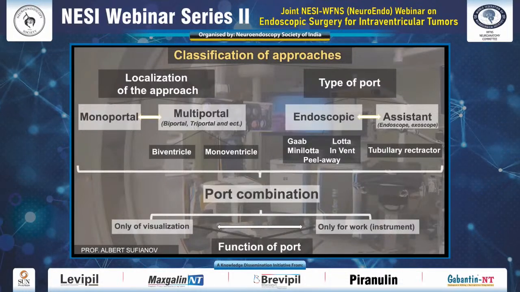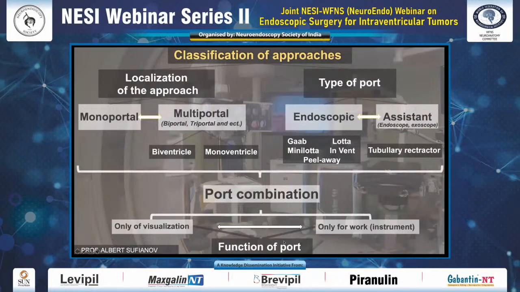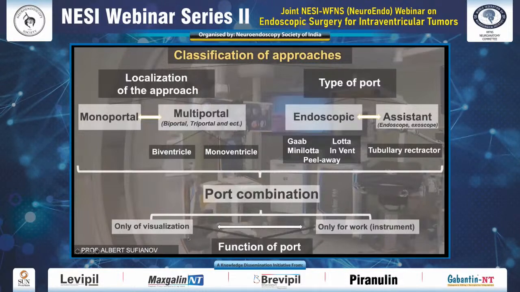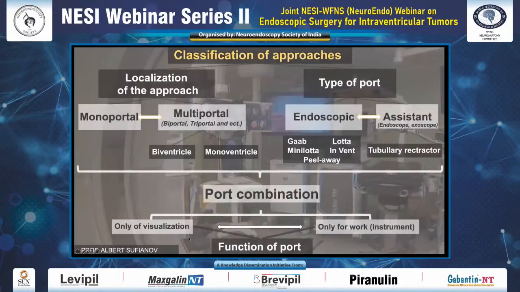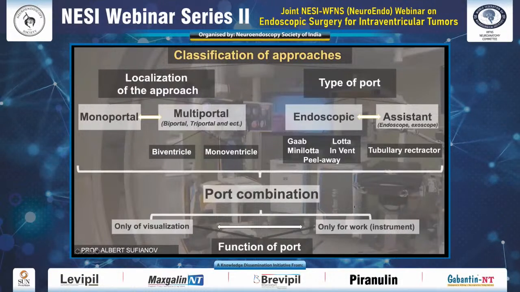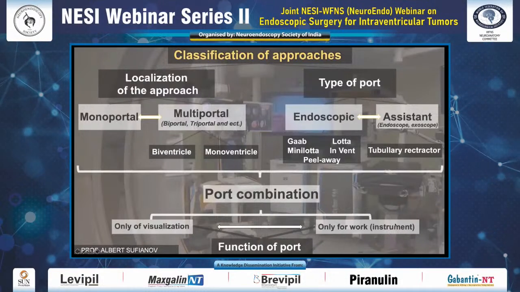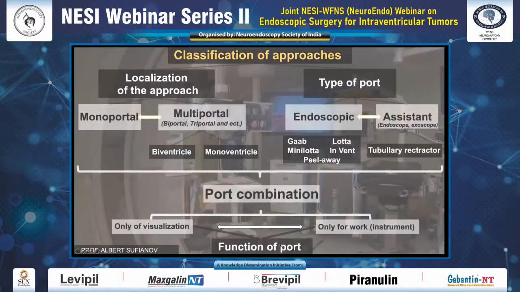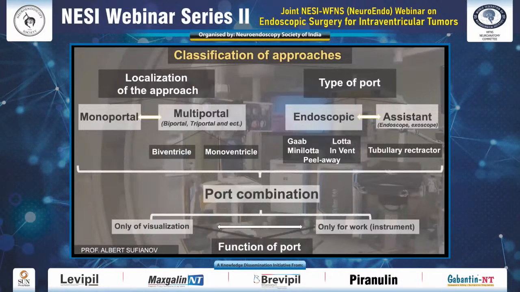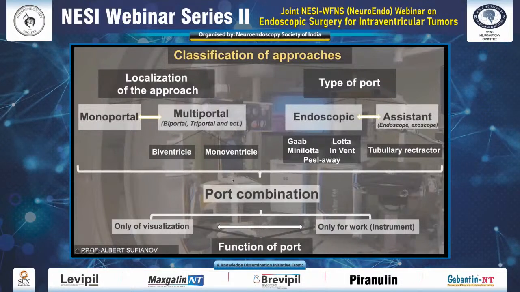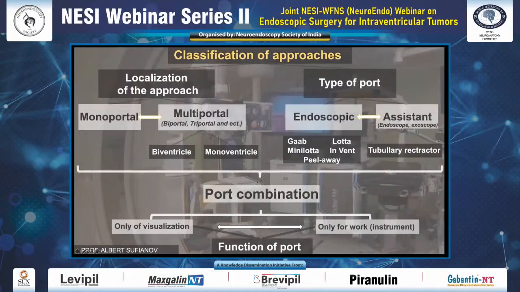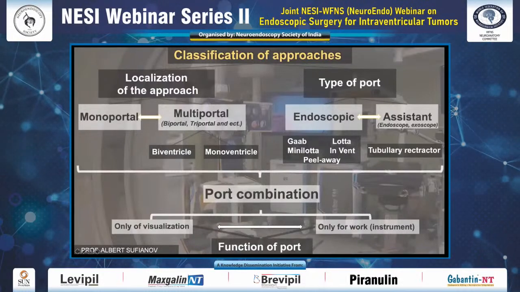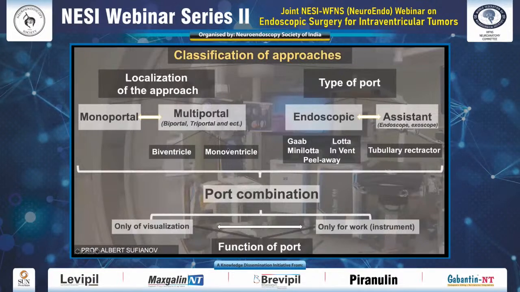Another option is the function of the port. The port is possible to use only for visualization, for example, as we standardly used, or only for work. But in some difficult cases, it's possible to change the place, for example, or other combinations. So the main important thing is the port combination system, and all options are possible to combine.